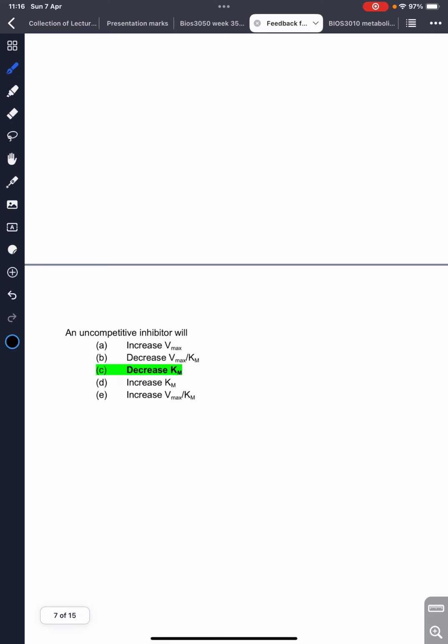An uncompetitive inhibitor will always decrease Km, because for an uncompetitive inhibitor we can write the mechanism as enzyme plus substrate, and that gives us enzyme plus product, and the uncompetitive inhibitor binds exclusively to the enzyme substrate complex.